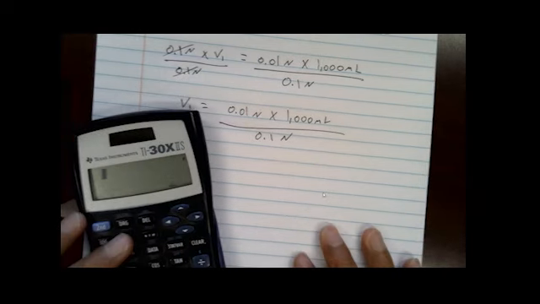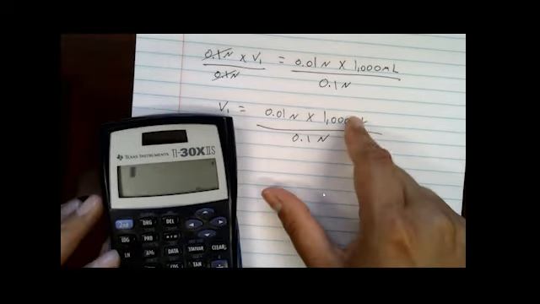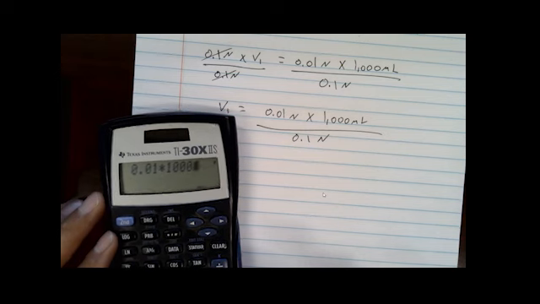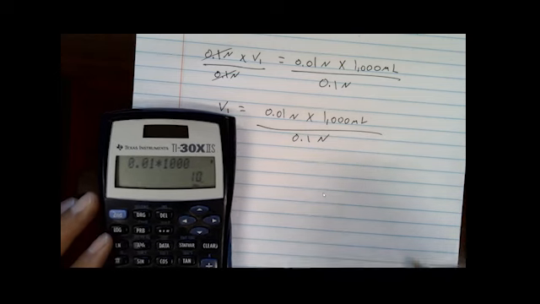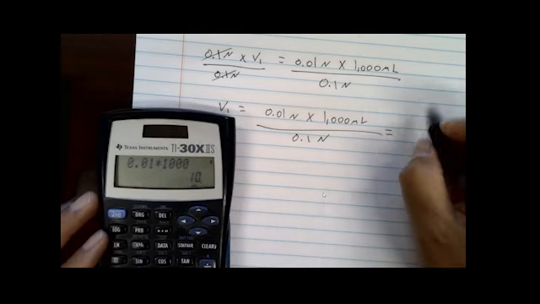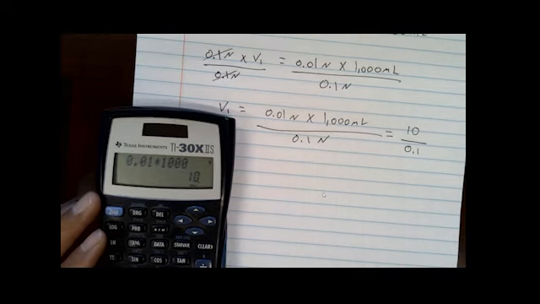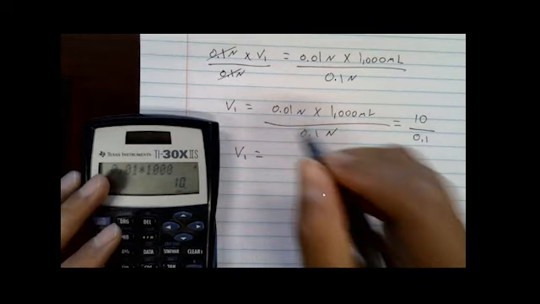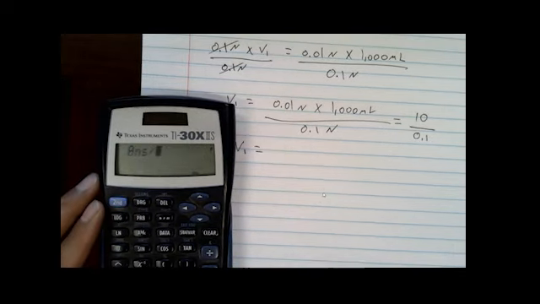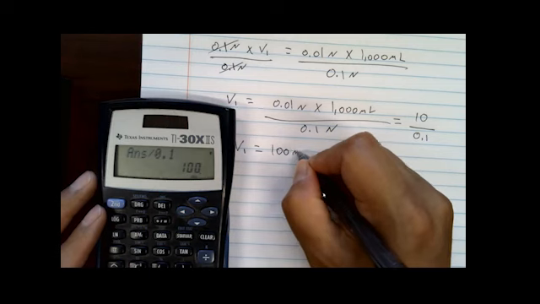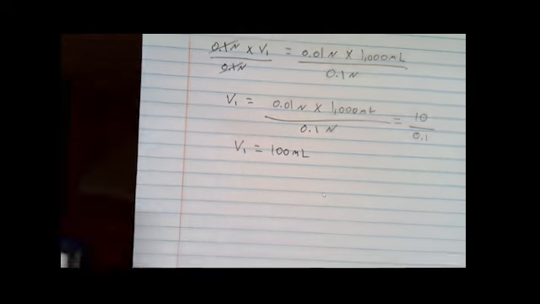So if we want to multiply everything on the top first, 0.01 multiplied by 1,000, right, that gives us 10. All right, so that's going to be 10 divided by 0.1, right, to give us our volume 1, right? Divide that by 0.1 to give us 100 milliliters of that volume 1.